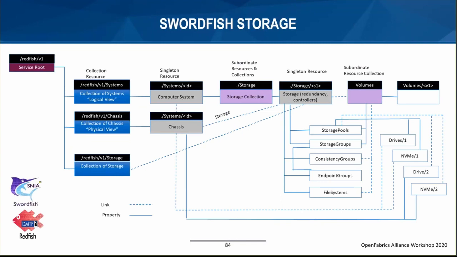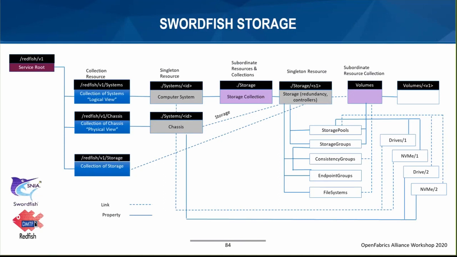So the model starts from the left. So it starts from REDFISH here. So we can see that in the black boxes, we have the links for URLs. So the top block says it is REDFISH v1 systems. And the systems has computer system which consists of storage.